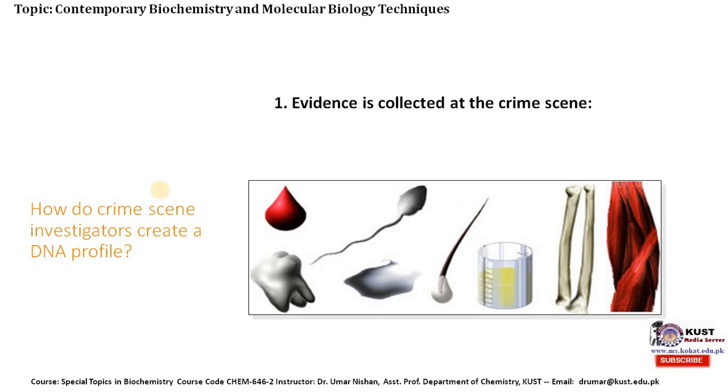These are the possible evidence that can be collected from a crime scene. That can possibly be blood, teeth, semen, hair, urine, bone, tissue, or saliva.